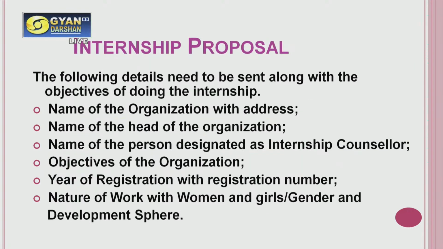Now let me explain how to prepare the internship proposal. First of all, you need to write your organization name. Whatever organization you have chosen, you have to be clear about the organization with the address, name of the head of the organization, and name of the person designated as internship counselor.